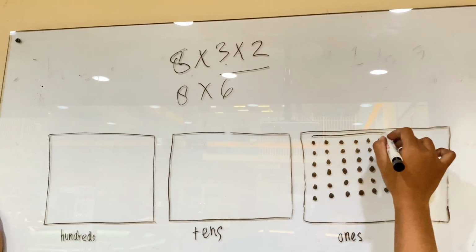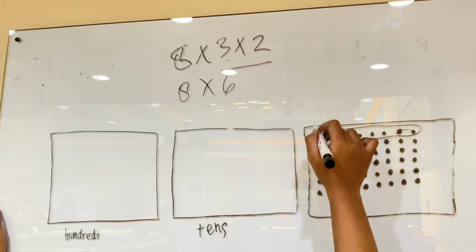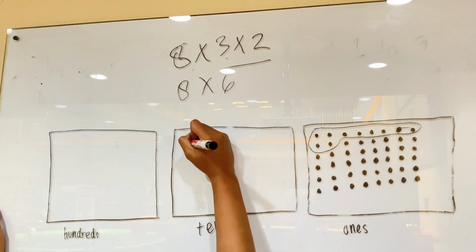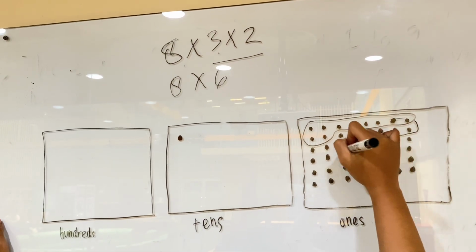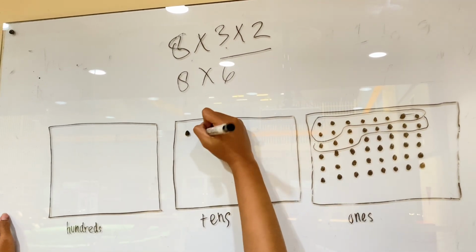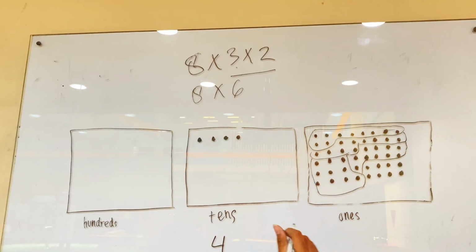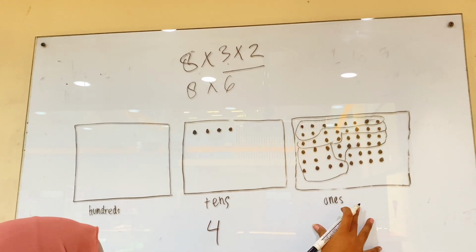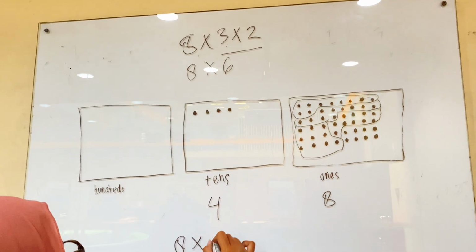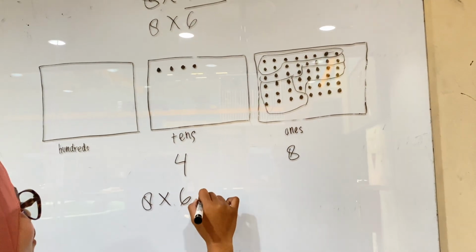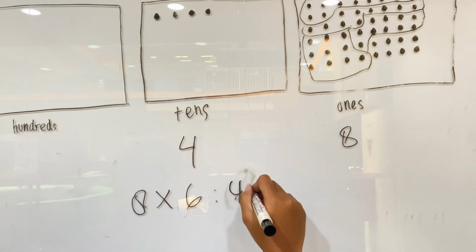We're grouping this into a 10, and then moving 1 here. So in the tens boxes there are 4 dots, and in the ones boxes it says 8. So 8 times 6 equals 48.